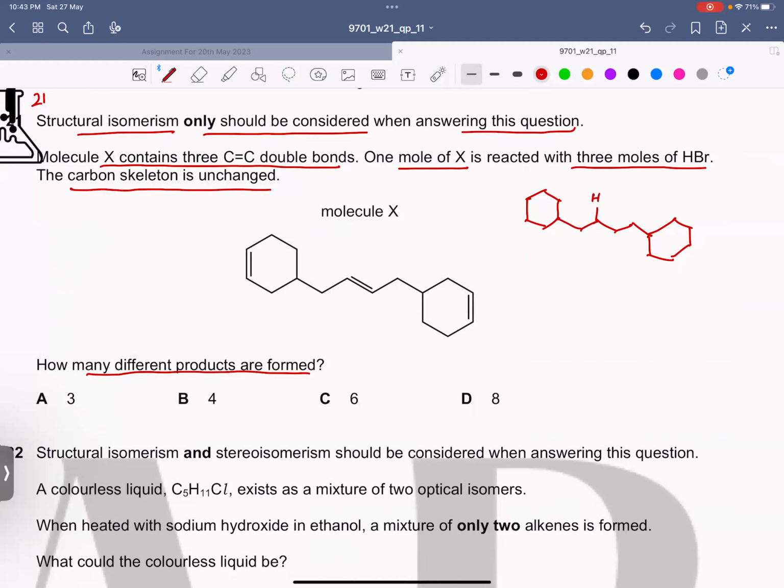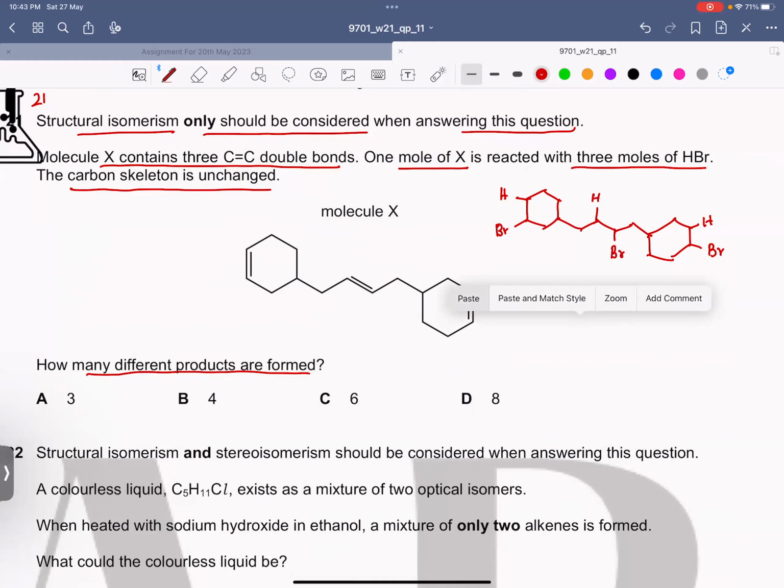So H is added over here and bromine is added over here. In the same way, the H is added over here and the bromine is added over here. And H is added over here and bromine is added over here. Okay. So that can be the first possibility.